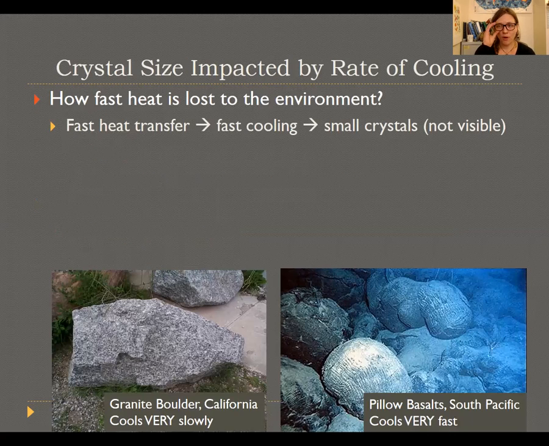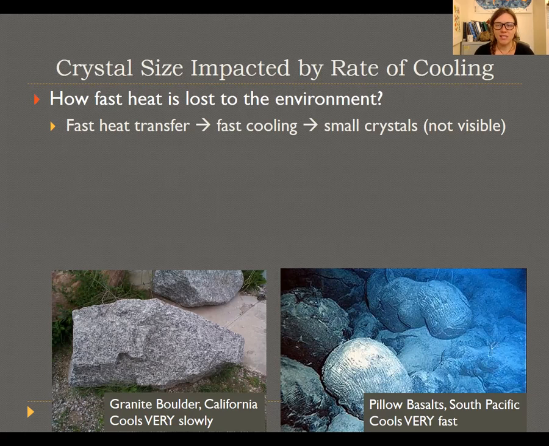One of the important things that affects the look of rocks is the rate at which the melt cools down. Generally, if you are losing heat very quickly to the environment, then you're going to be cooling down very quickly. This usually happens when the environment around you is much colder.